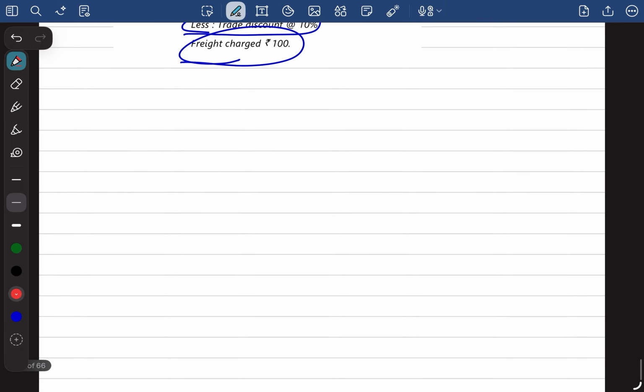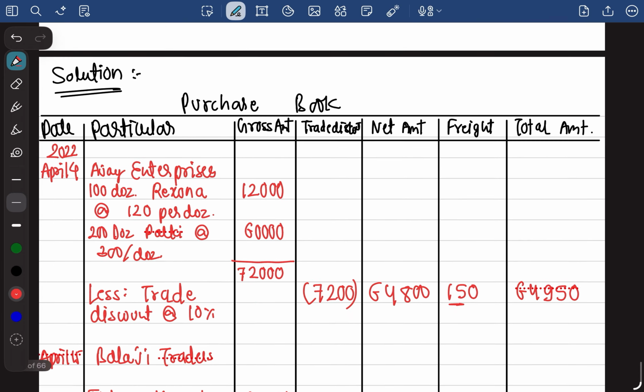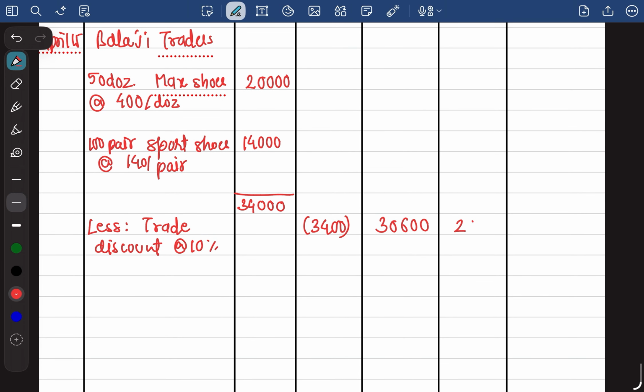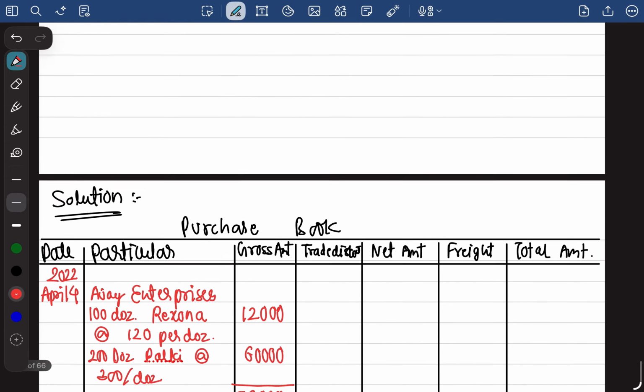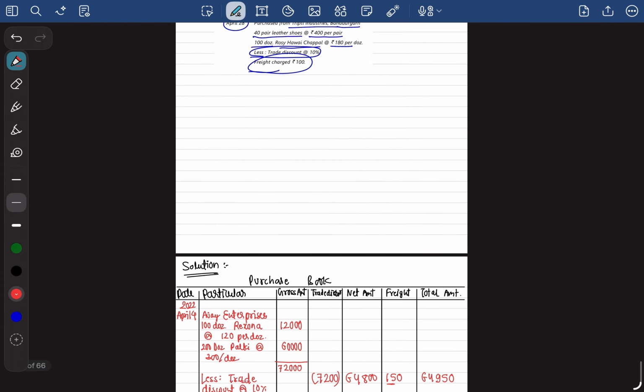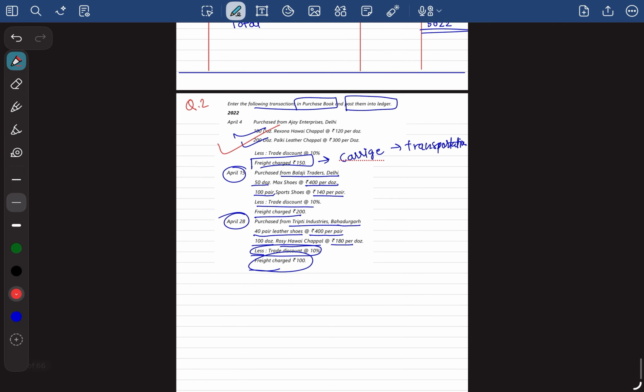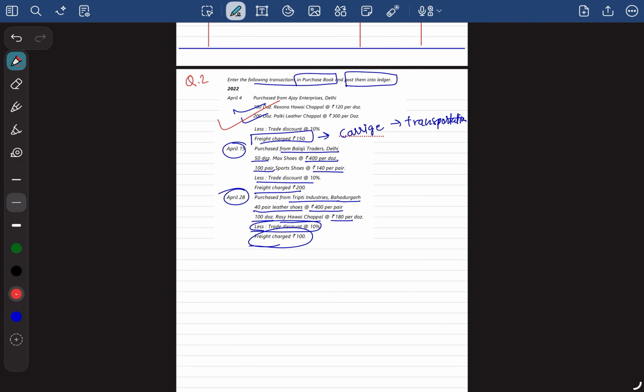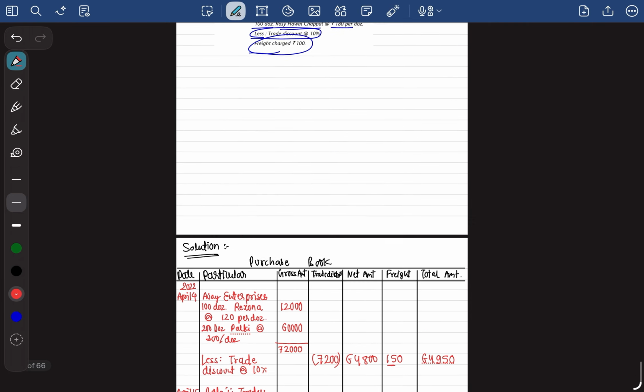Now I paid freight of 200 rupees on it, so I add 200 in the freight. My total purchase amount is 30,800 rupees. Understand? And now last, April 28, purchased from Tripti Industries, Bahadurgarh.